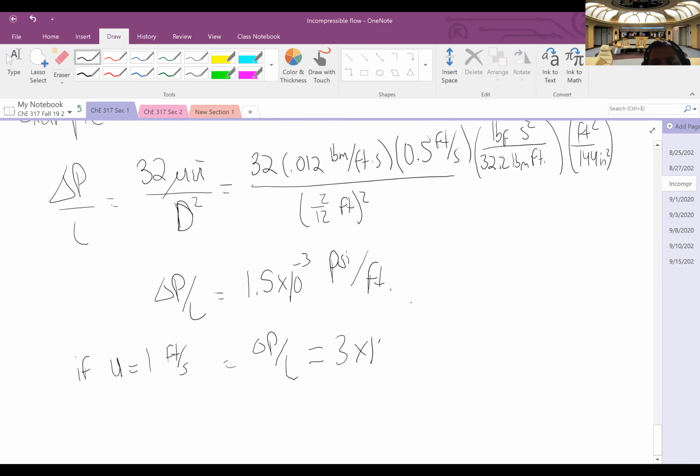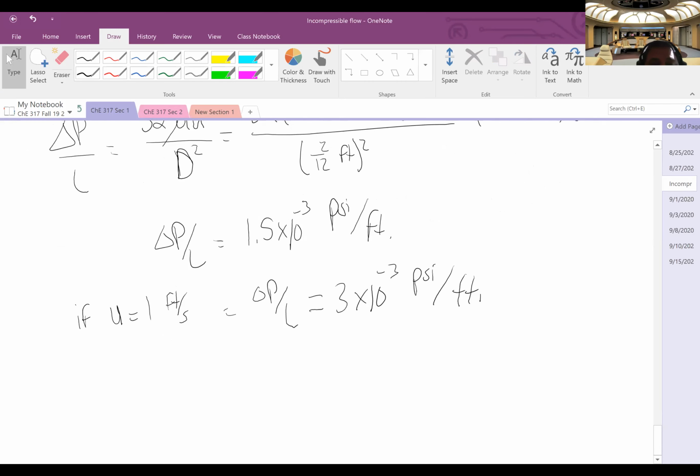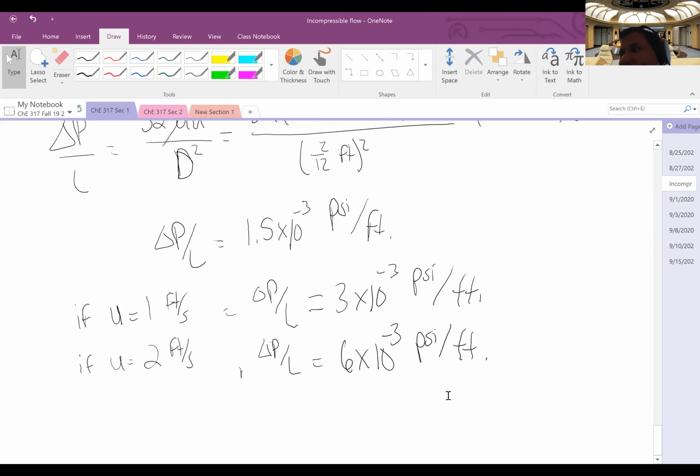So yes, the pressure drop would double to 3 times 10 to the minus 3. And if the velocity doubled again, the pressure drop per unit length would double once again to 6 times 10 to the minus 3 psi per foot.